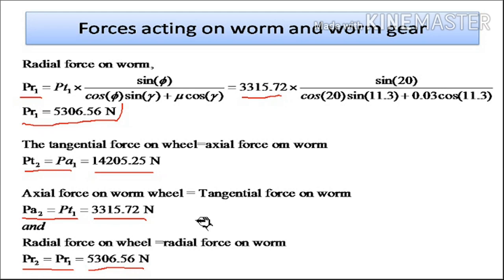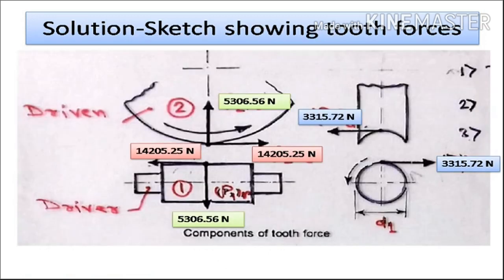Once we calculate the magnitudes of all these forces, we are supposed to represent them in the form of a diagram, and this diagram will be integrated here. Here we have shown the axial, radial and tangential forces on the worm and the worm wheel. You can see here, this is the tangential force on the worm, and this is the axial force on the worm wheel; their magnitudes are equal but the directions are opposite.